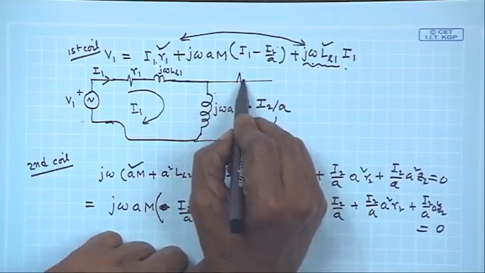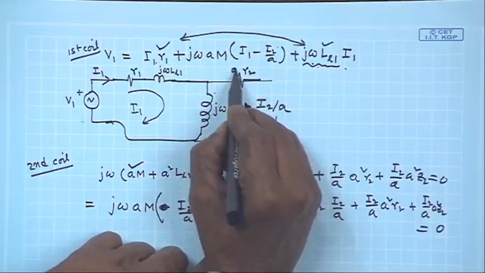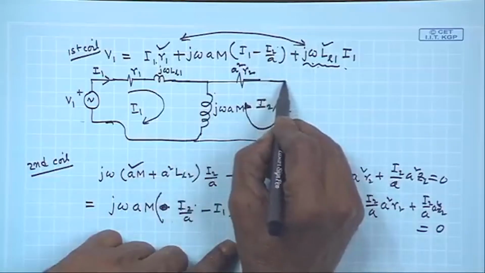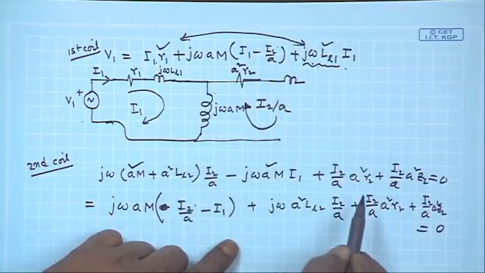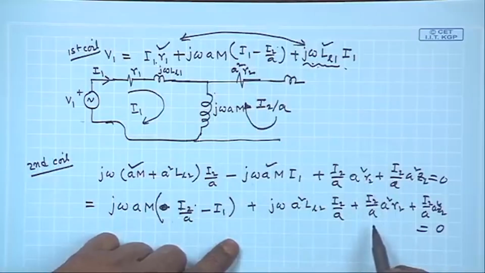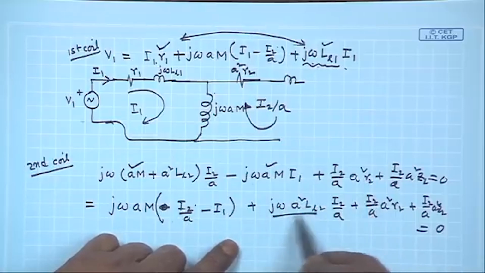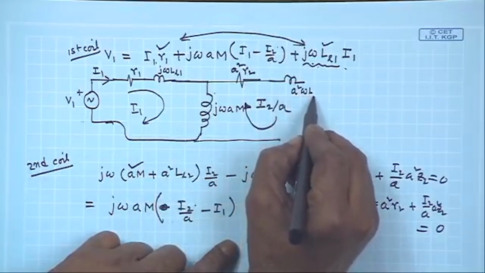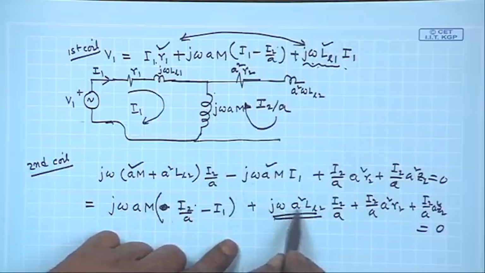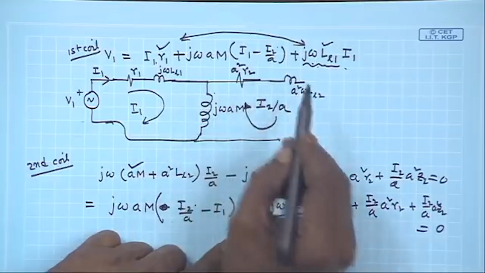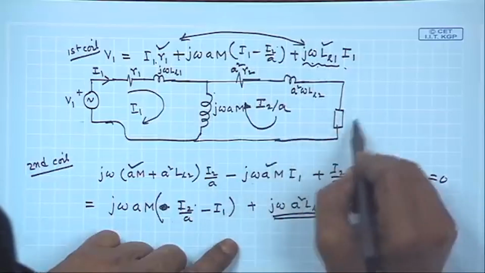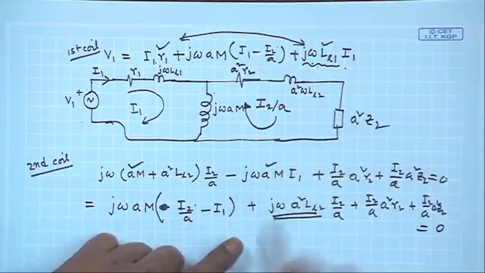Then you have got the resistance drop R 2, whose value is a square R 2, into I 2 by A, plus the leakage reactance drop, whose value is a square omega L L 2 into I 2 by A, and then this drop, whose value is a square into Z 2.